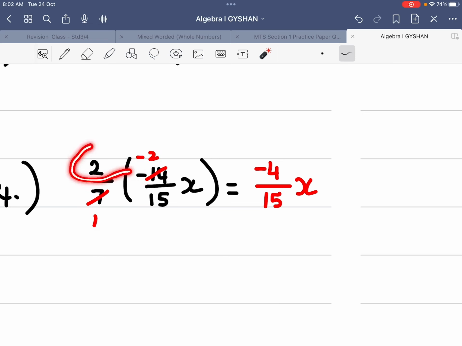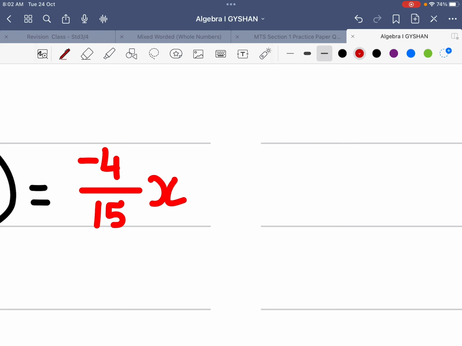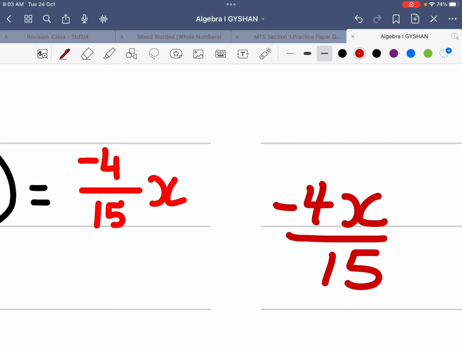So 2 multiplied by minus 2 is minus 4. So once we are finished cancelling, we multiply across. 2 by minus 2, and then 1 times 15 is 15. And we put back the x. So we can write this as minus 4 over 15x, or we can put it as minus 4x over 15. It's the same expression.